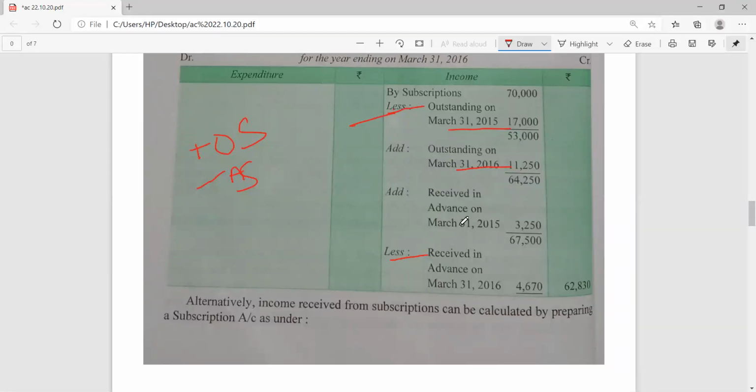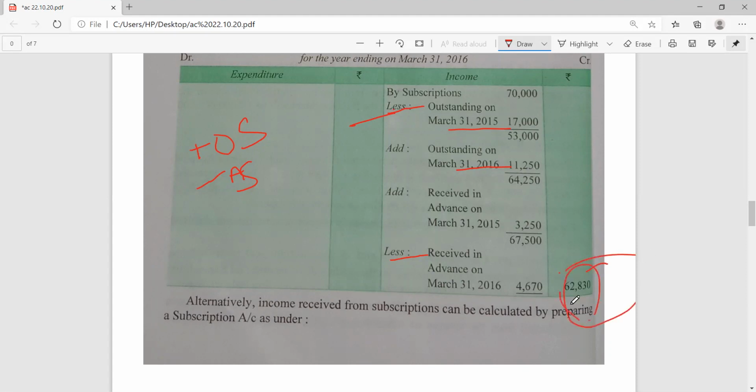In this way, you will get whatever you received in advance for the year. In this way, we have to add and subtract, and finally we will get whatever amount is received for the subscription.